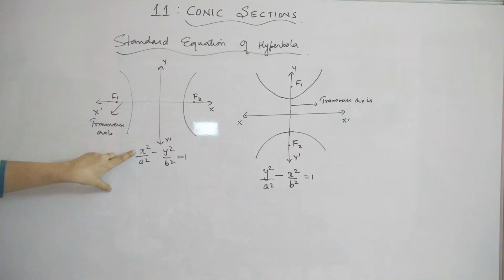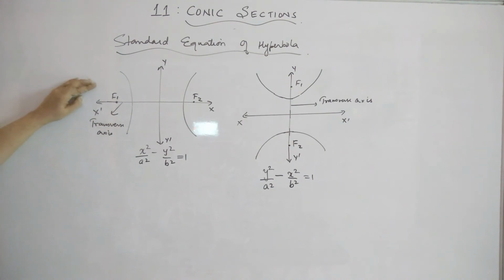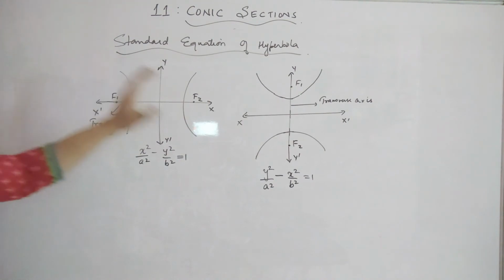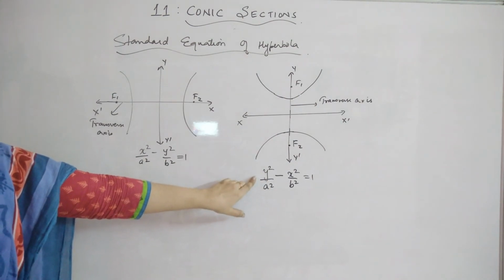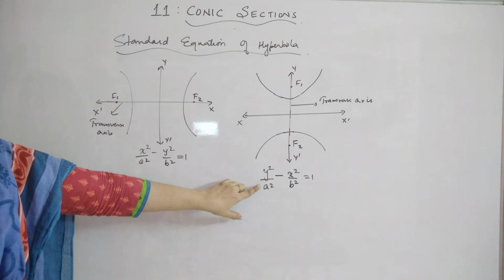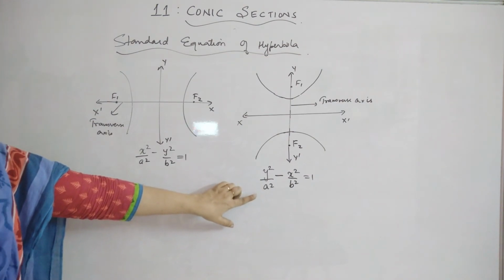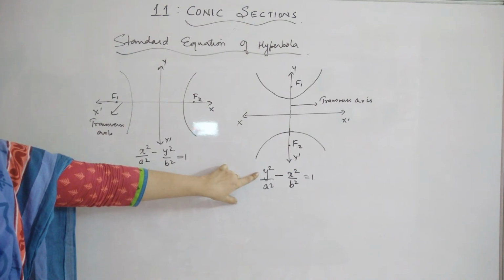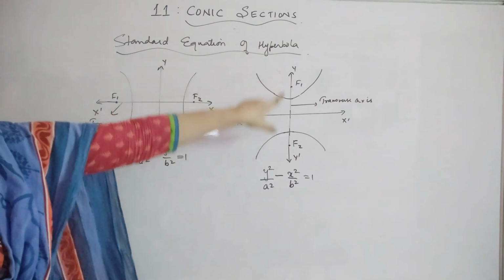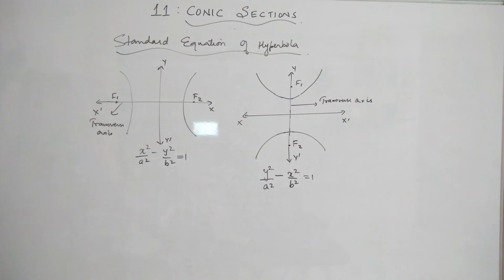So here the x term is positive, that means you can say that the transverse axis is on the x-axis. And here for the second one you can see that y square by a square, this term is positive. So again the transverse axis will be on that axis where it is positive. So this is your y-axis. So this term will give you that the y-axis should be the transverse axis where the foci is lying.